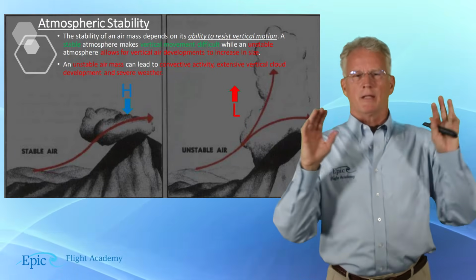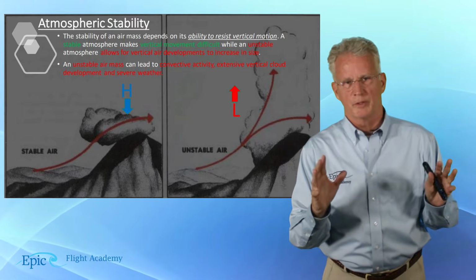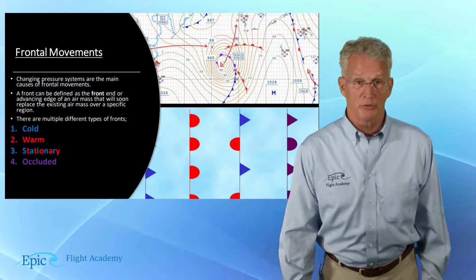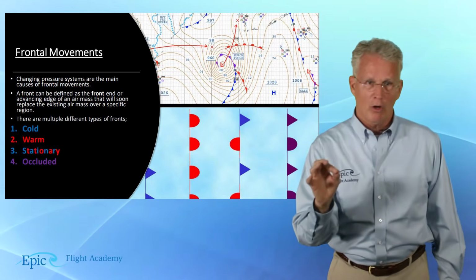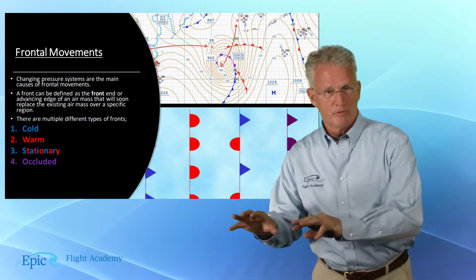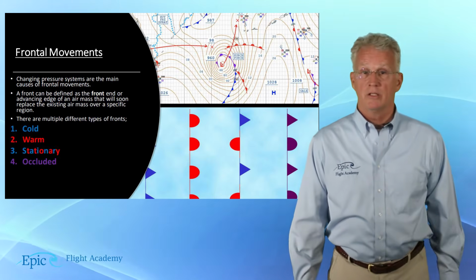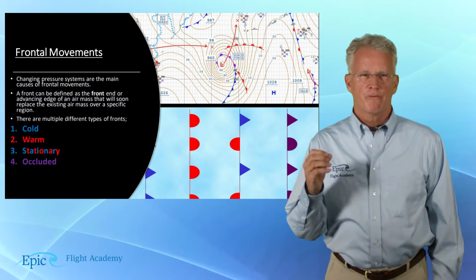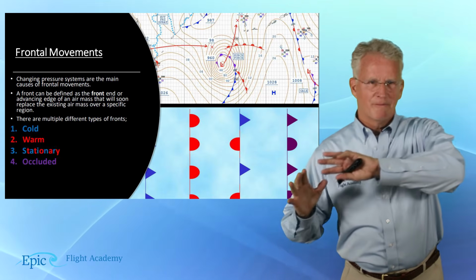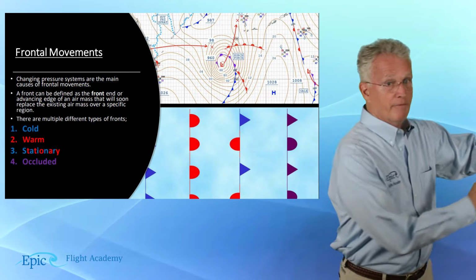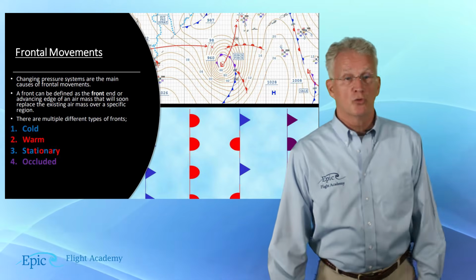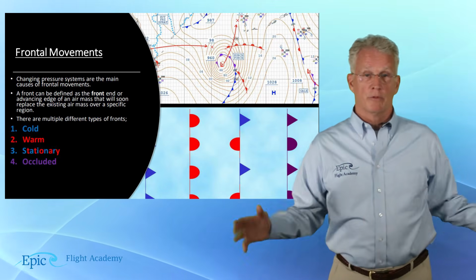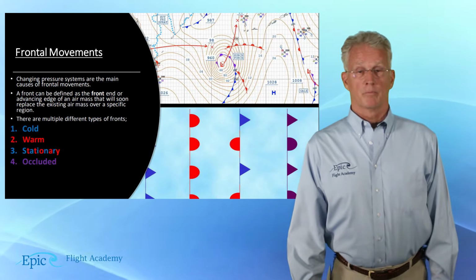Now, let's come back to these frontal movements. As we mentioned, it is changing pressure systems that are the main causes of frontal movements. Now, a front is defined as the front end or advancing edge of an air mass that will soon replace the existing air mass and spread over a specific region.